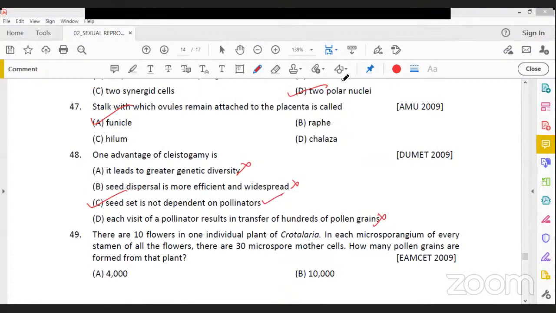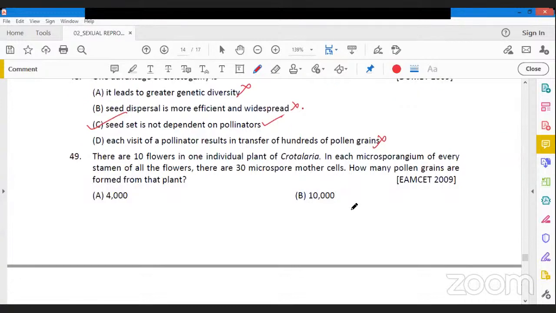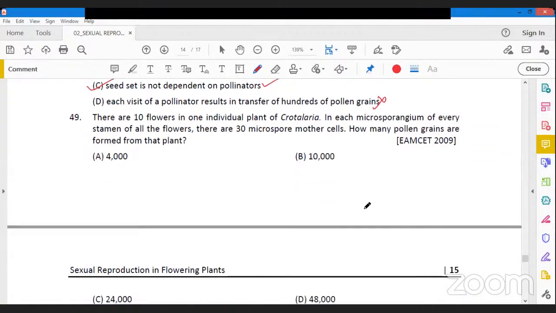Okay. Now let's go to the next one. There are 10 flowers in one individual plant of Crotalaria. In each microsporangium of every stamen of the flower, there are 30 microspore mother cells. How many pollen grains are formed from that plant? So look here.